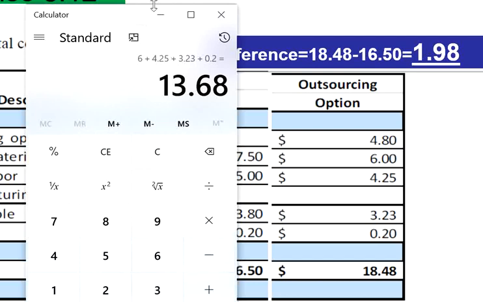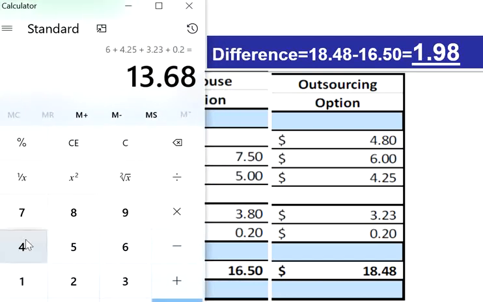Minus 16.5, so 2.82. Now if you replace 2.82 here, you will find that at this price your cost will be the same as before.